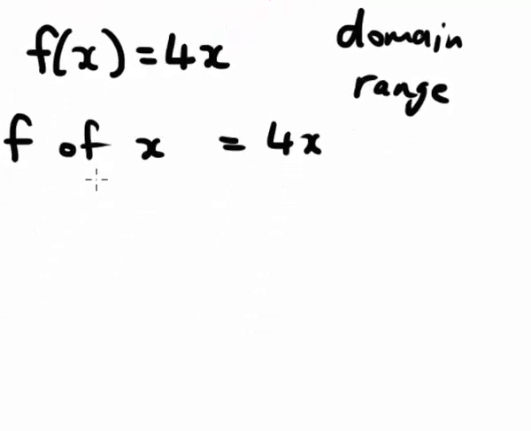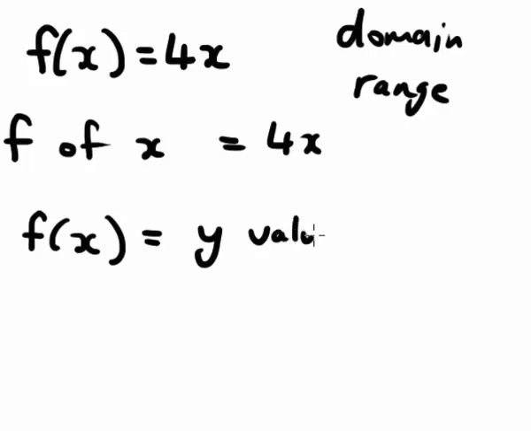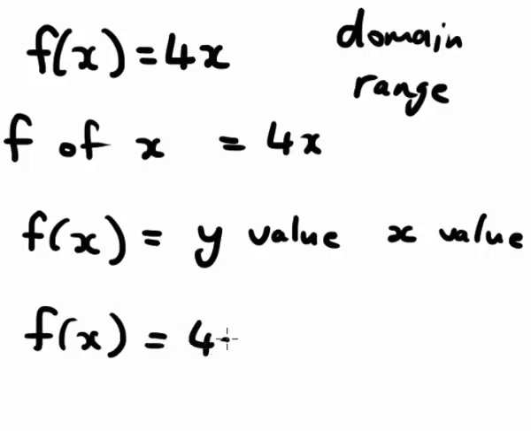So if you look at the f of x, what this means is it's actually the y value corresponding to a given x value. So in other words, if f of x is equal to 4x, and I asked you, what is the f of 1?